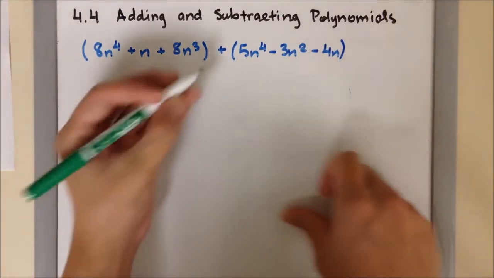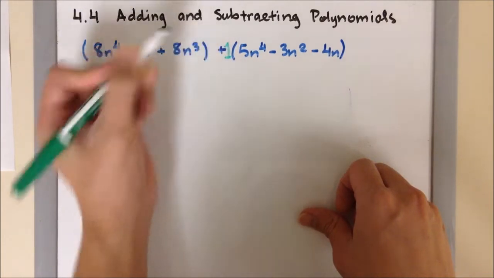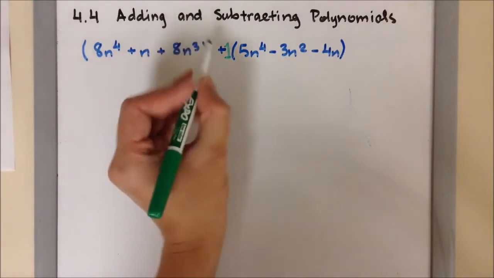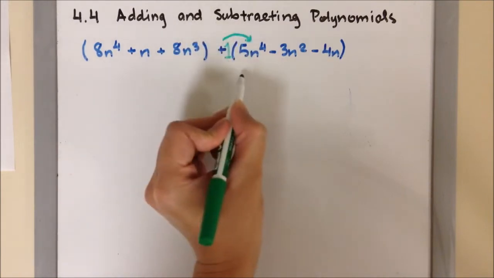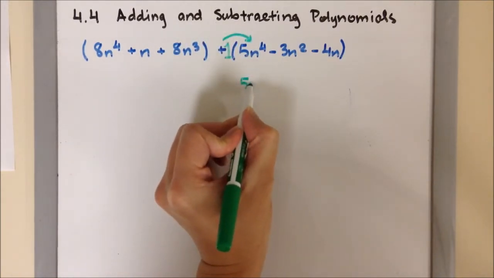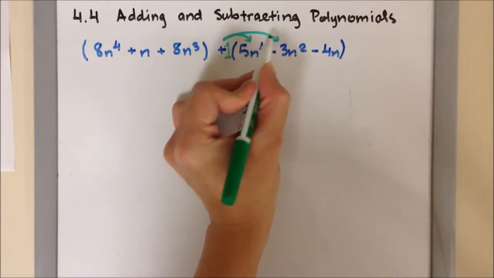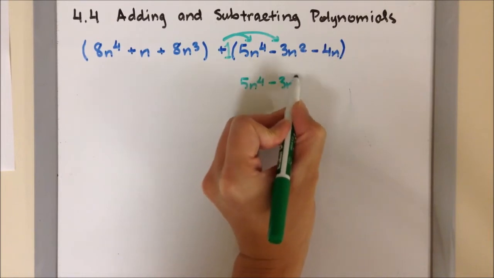So, since there's a plus, I'm doing this process so that you would follow the same method when it comes to subtraction of polynomials. So, plus 1, meaning positive 1, times 5n to the fourth will be 5n to the fourth. Positive 1 times negative 3n squared will be negative 3n squared.